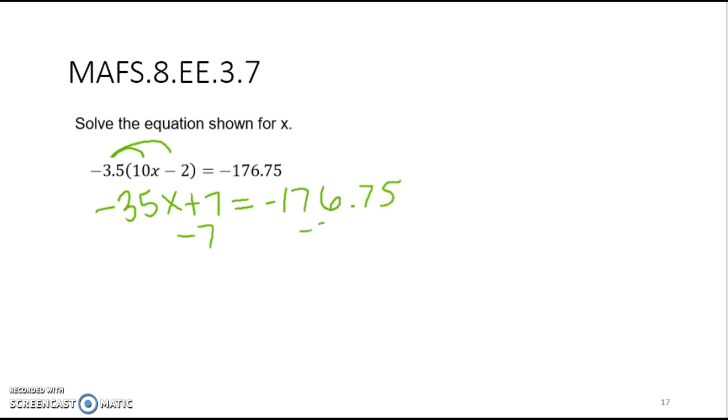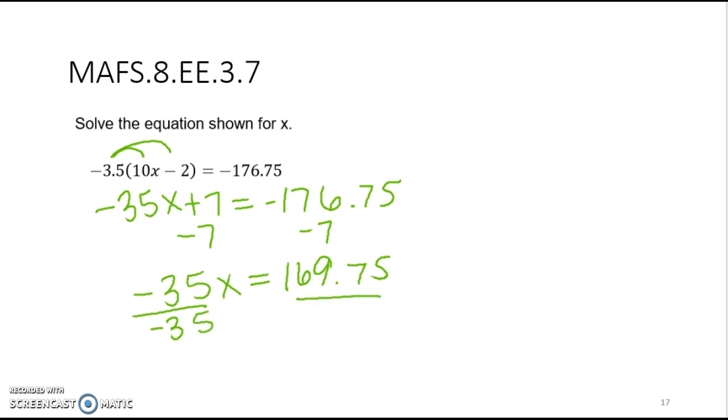And let's go ahead and follow those rules and move everything away from that variable by subtracting 7 on both sides. So we get 169.75. Divide both sides by negative 35. So x is equal to negative 4.85.